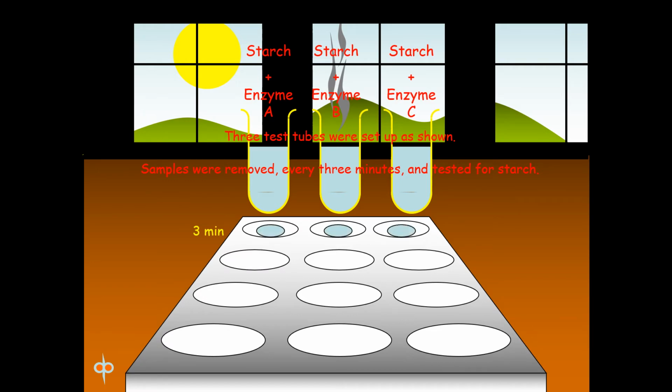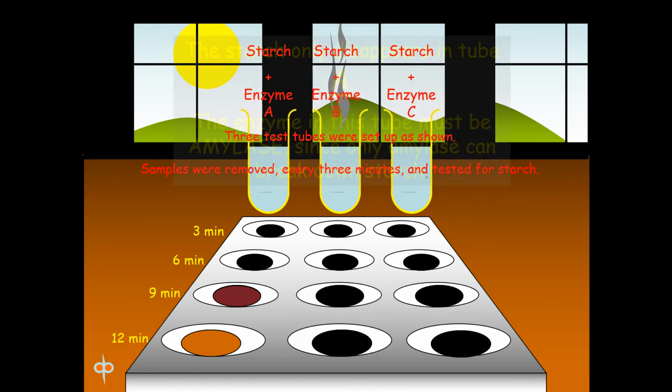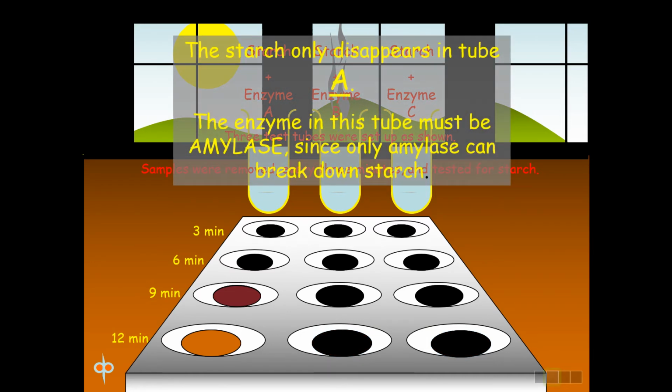So at 3 minutes, you've got your sample and then iodine added, and they go blue-black, saying that there's starch. After 6 minutes, iodine's added again, they go blue-black. 9 minutes, again they go blue-black, except A stays slightly brown. And then after 12 minutes, in A it's brown, but in B and C they stay blue-black.